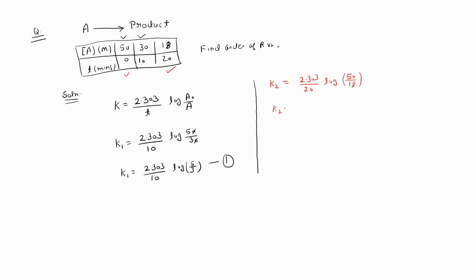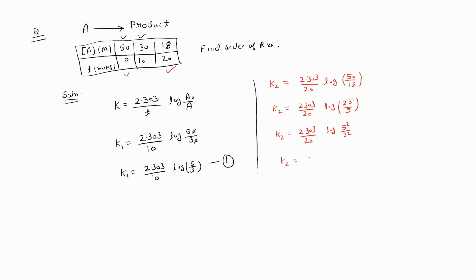So K2 is equal to 2.303 divided by 20 log, dividing by 2, 25 divided by 9. So you can see 25 by 9 is 5 square by 3 square. So K2 is 2.303 divided by 20 log 5 square by 3 square.